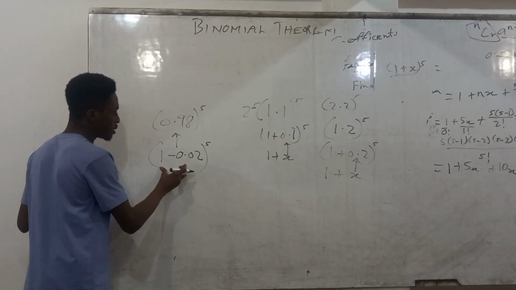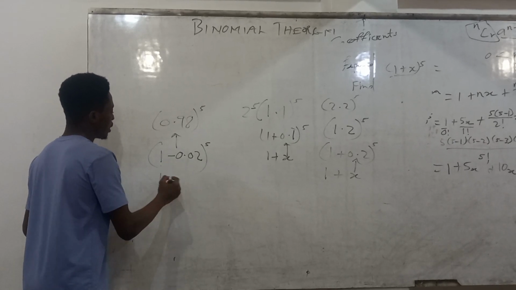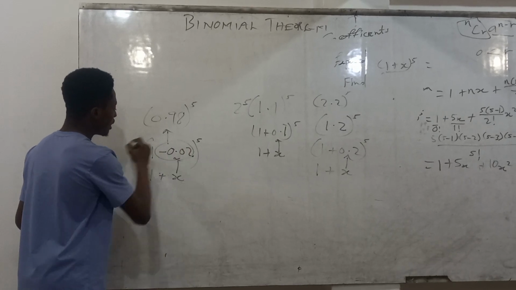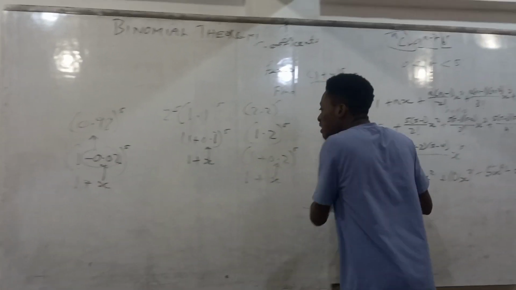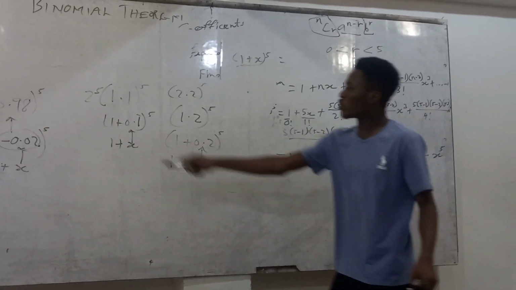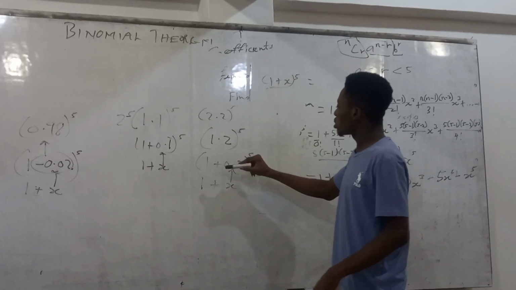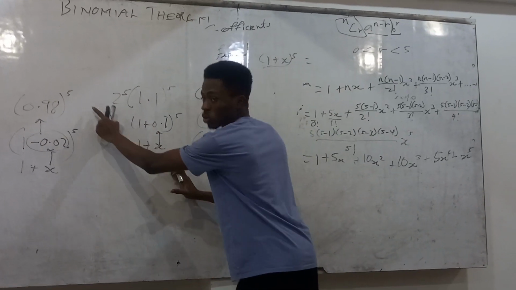So after you subtract, you can say by comparison 1 is equal to 1, then plus x, so x is equal to negative 0.02. So you use negative 0.02 to find for this. And when it is 2.2, you use the 0.1 because we factorize the 2 out.